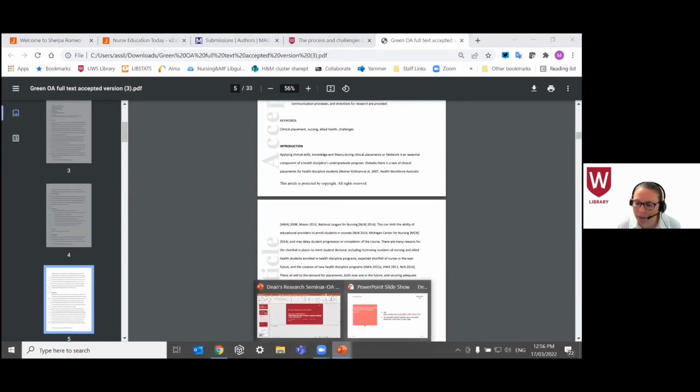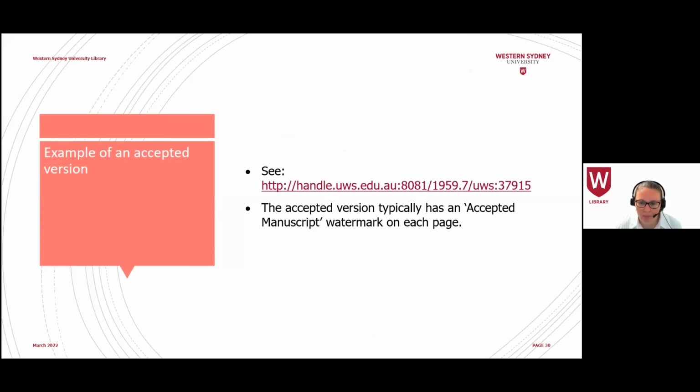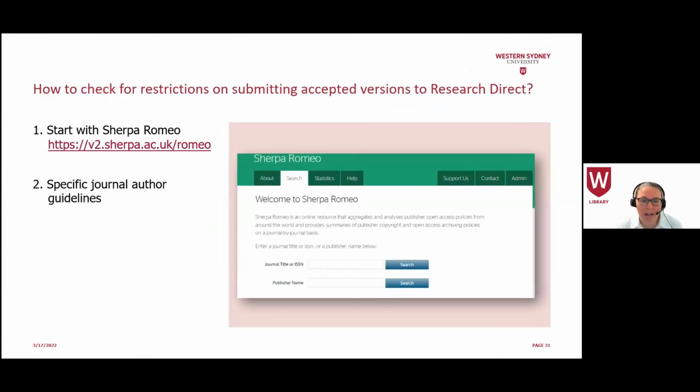Okay. All right, so how to check which restrictions for submitting accepted versions apply to your particular journal. Like we looked at before, jump out to the Sherpa Romeo page. I don't think I've come across a journal that's not been in Sherpa Romeo that has open access elements to it, and look for that accepted version and what the restrictions are.